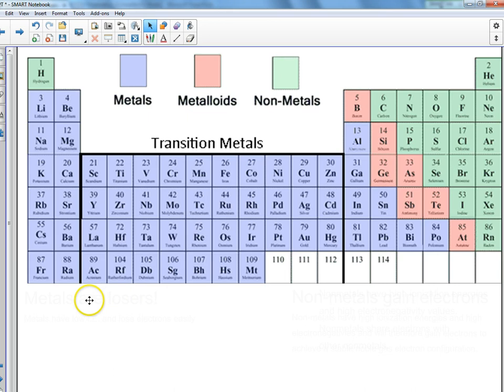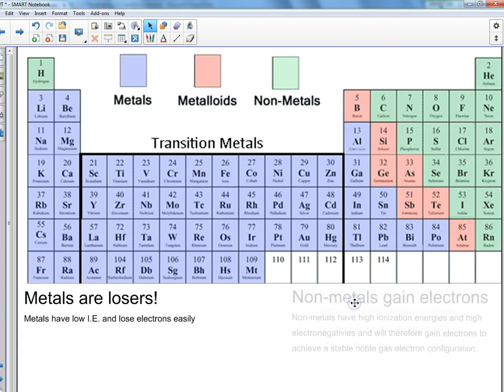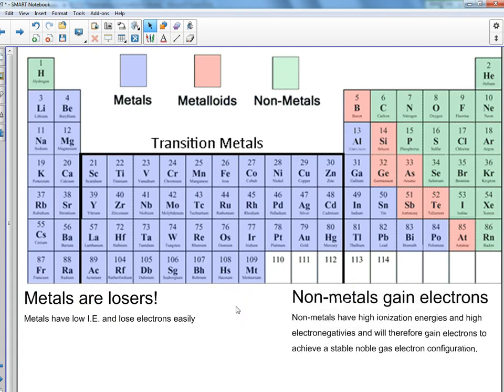Now, when we talked about the way that metals react, we're always going to remember that metals are losers. What does that mean? Metals lose electrons really easily. They do so because they have very low ionization energies. It doesn't take a lot of energy to remove an electron from a metal atom. Well, nonmetals do not lose electrons. They gain electrons because nonmetals have much higher ionization energies.